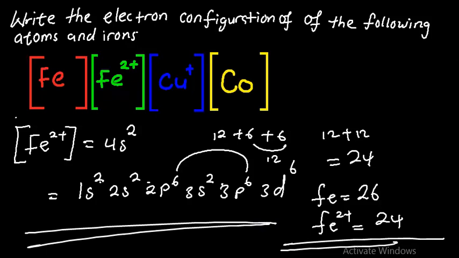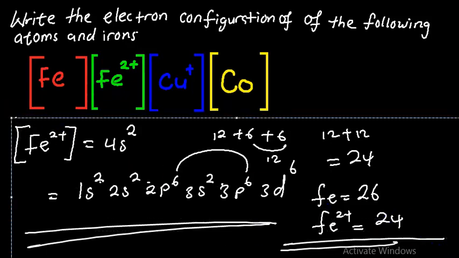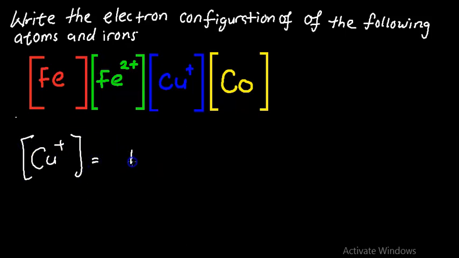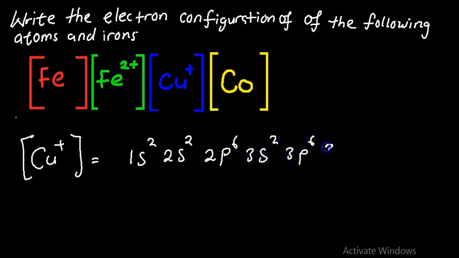What about the next one? The next one we have is copper ion. We said copper ion is denoted by 2 positive. So in this case, when copper forms a 2 positive ion, its configuration is simply going to be 1s2, 2s2, 2p6, 3s2, 3p6, and 3d10.